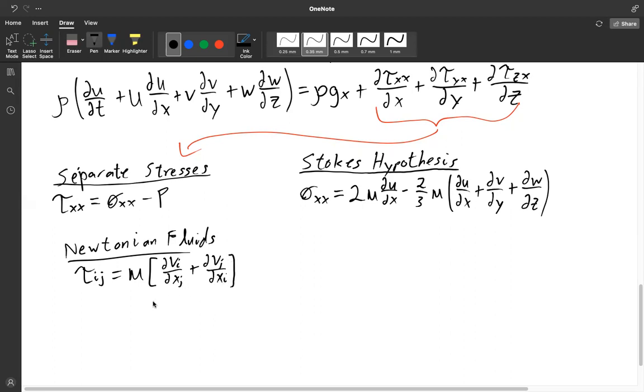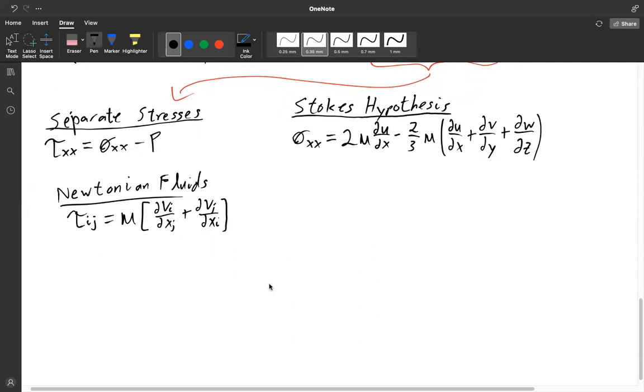And i and j are just indices for general purposes. But to be more exact, what this is saying is the following.